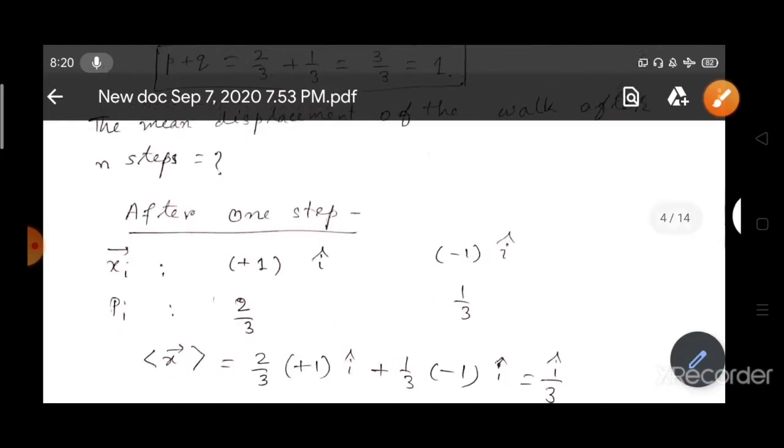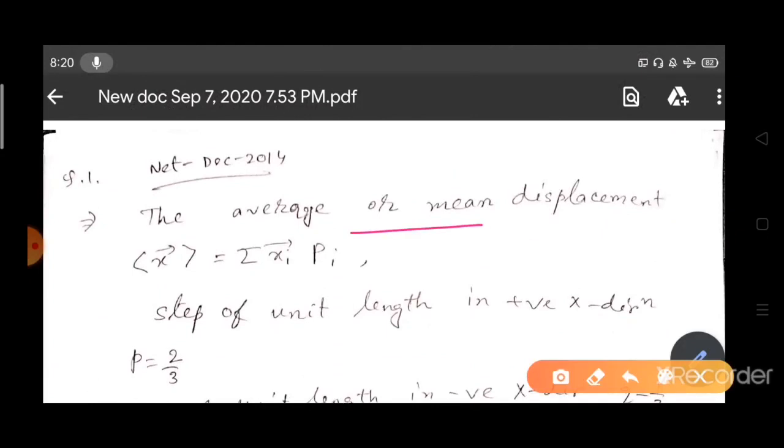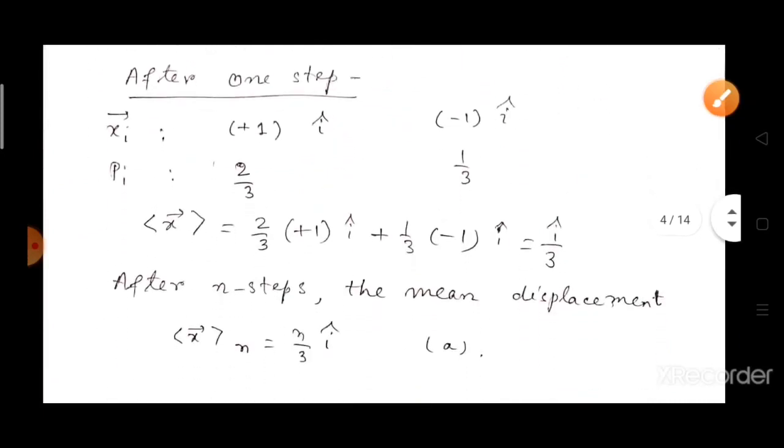It has already been covered in our previous videos that the average or mean value, if we denote it by x average, is the sum of x_i into p_i, where x_i denotes that particular variable and p_i denotes the probability corresponding to that x. Here x can be one for the positive step and another for the backward or negative x direction step.